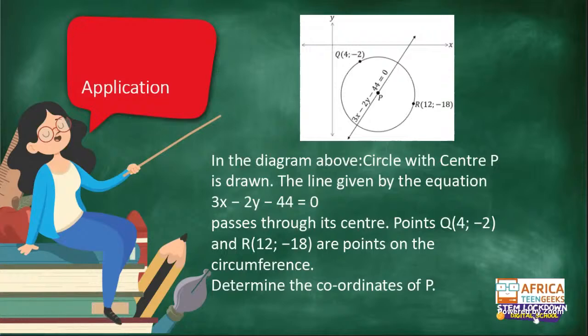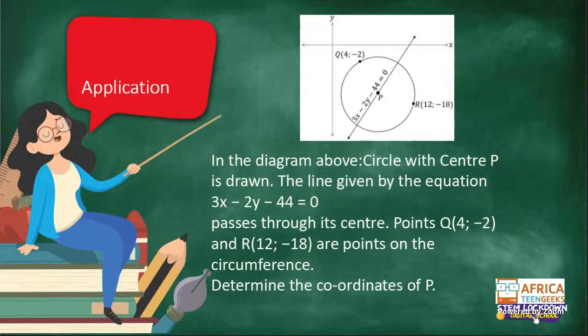So I will leave it as homework. I've already given you information on how you can find it: you just use PQ squared equal to PR squared. Remember that PQ squared is the distance that you are looking for. But now remember also that the point P has coordinates x and y.